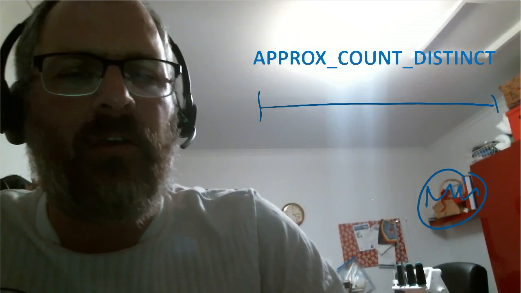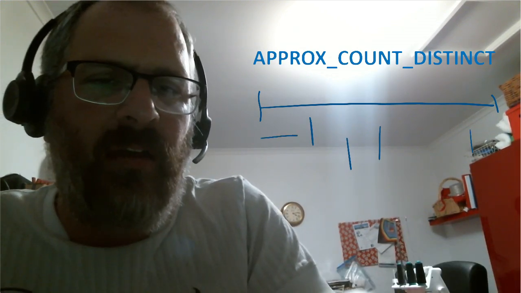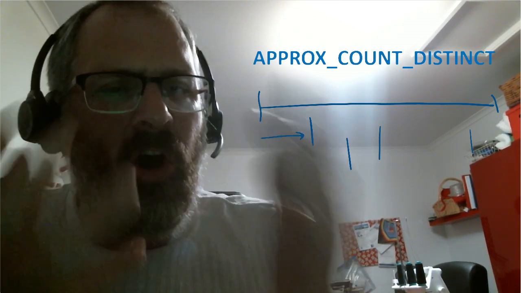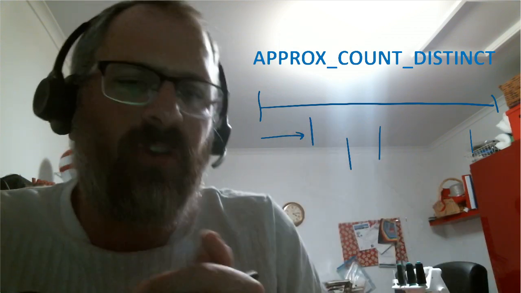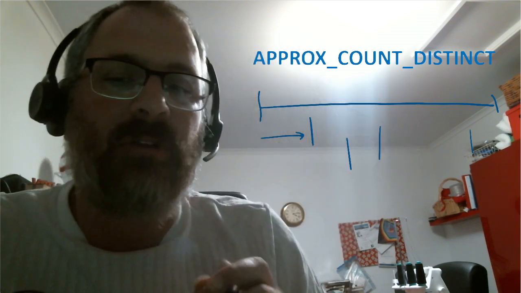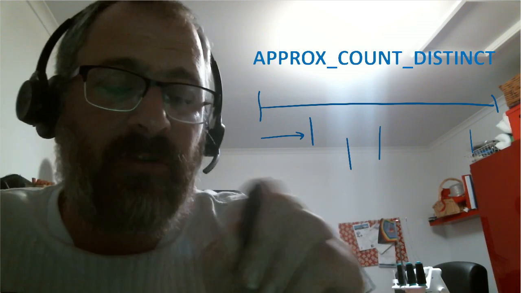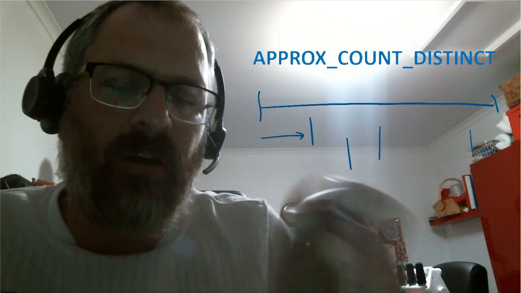So in this scenario where we say, well, if we have, say, 4 different values across this, and we just assume that they're placed at random, if we say how far in from the left is the first value, on average, it's going to be a quarter of the way in, because we've got 4 values. That's where it's going to end up on average. It won't be perfect. It's not going to be exactly that. But on average, if we do this enough times across enough blocks, it'll be pretty close.